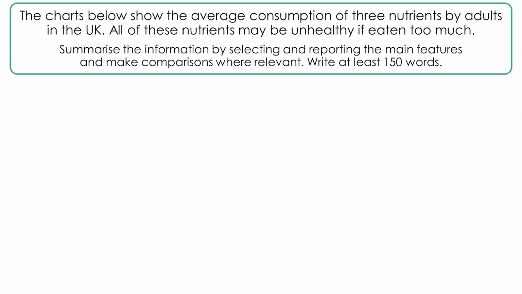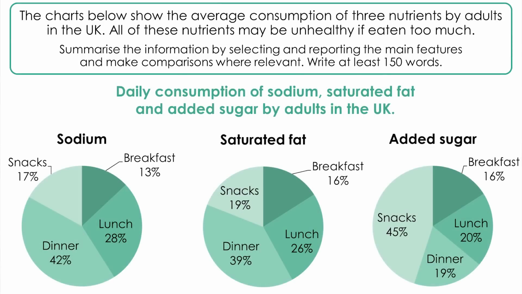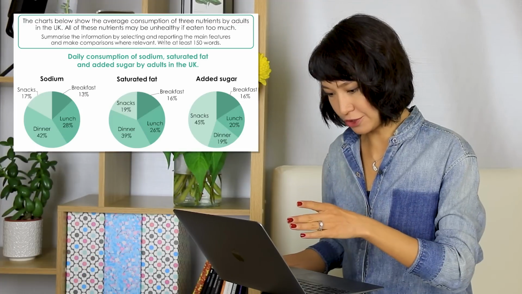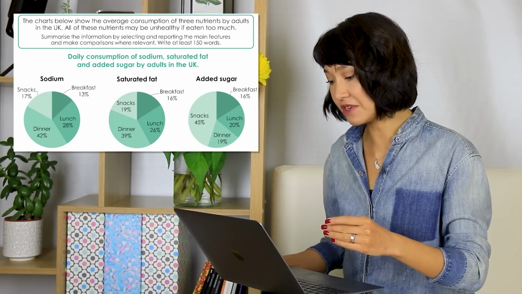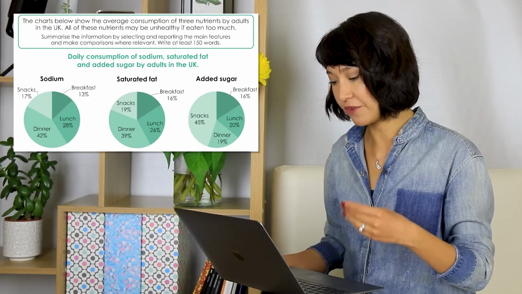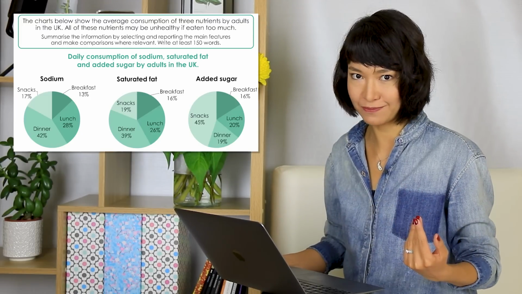And then we see 3 pie charts: sodium, saturated fat, and added sugar. On each chart, we can see what proportion of this nutrient people consume with each meal: breakfast, lunch, dinner, snacks. For example, sodium. People eat 13% of sodium with breakfast, 28% with lunch, 42% with dinner, and so on.